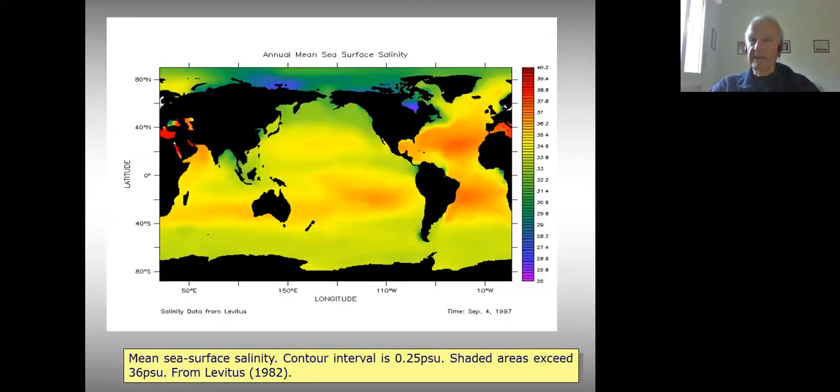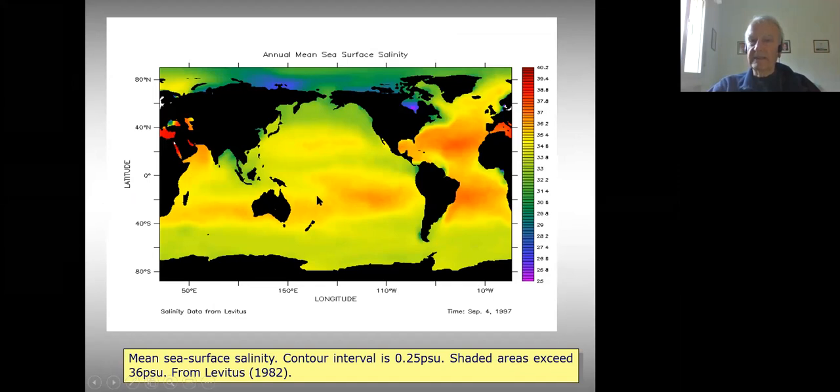What about sea surface salinity? Sea surface salinity is obtained from measurements, and you can see that here is another interesting pattern.